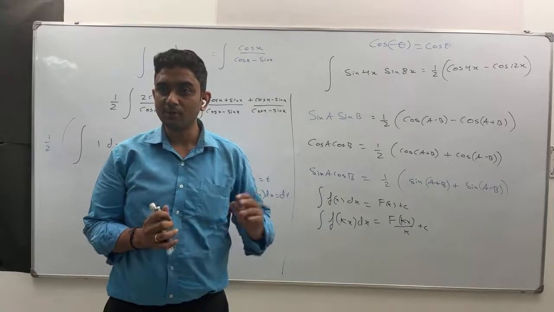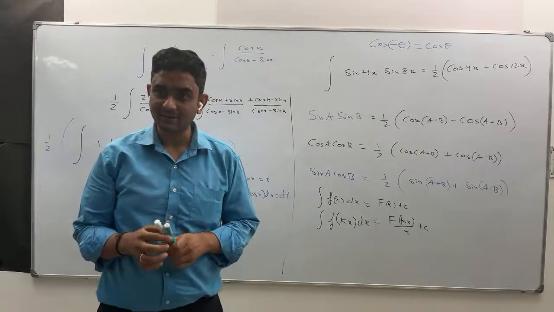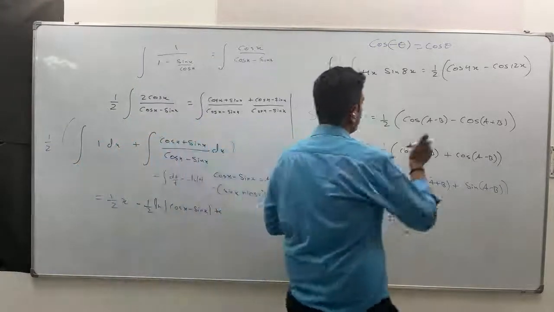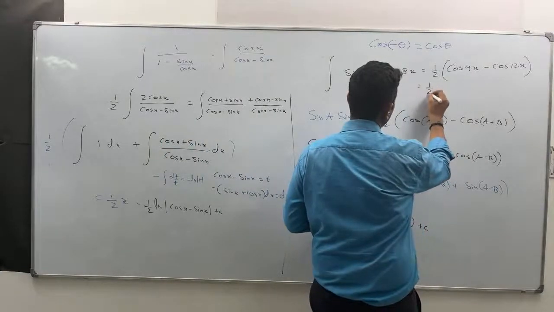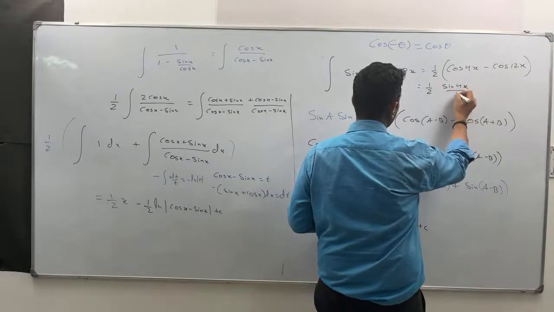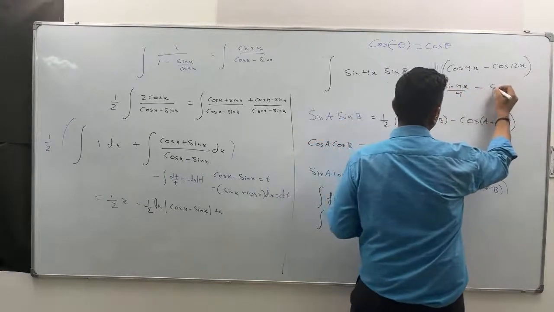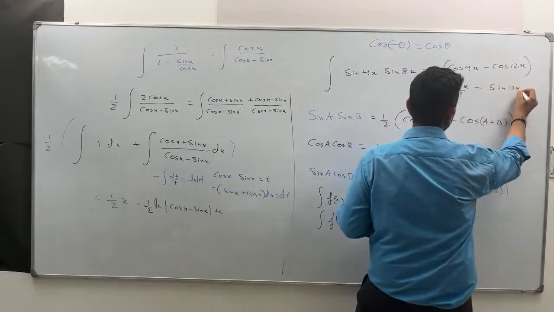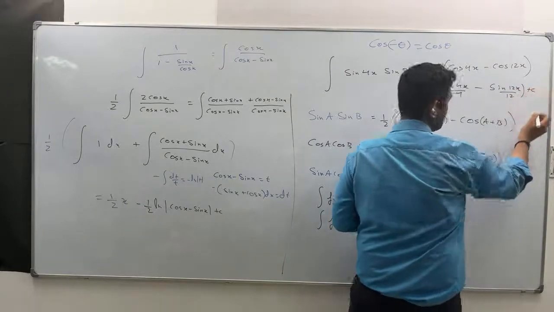Is this very overwhelming or fine? Fine, right? Okay. So what will happen? We will get half of sine 4x by 4 minus sine 12x by 12 plus c.